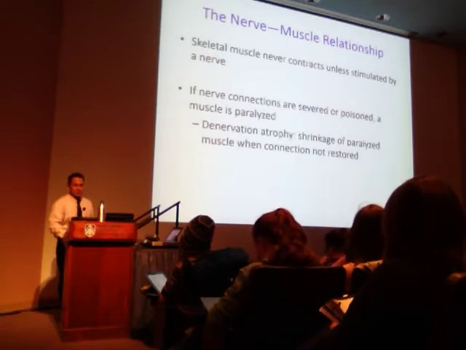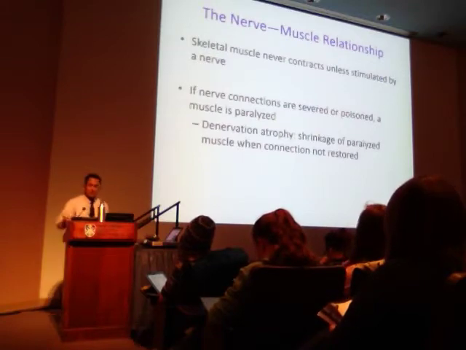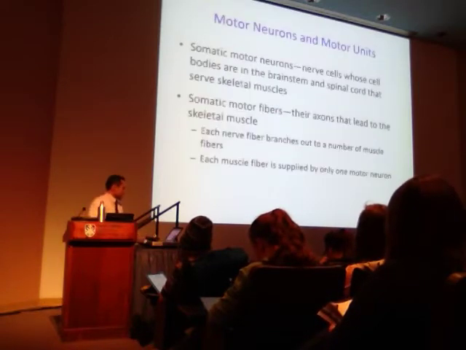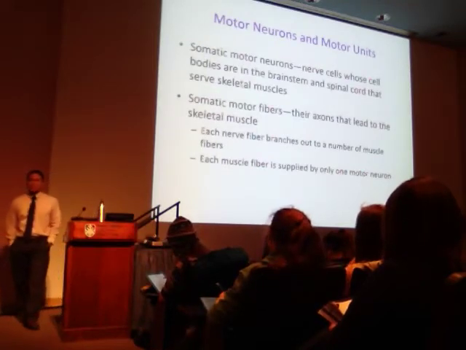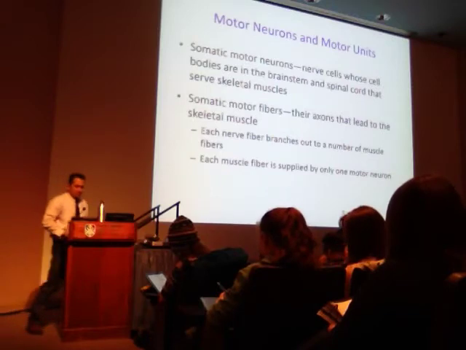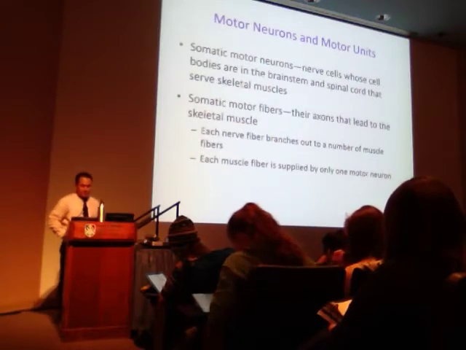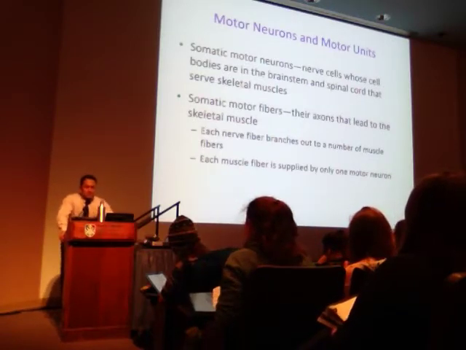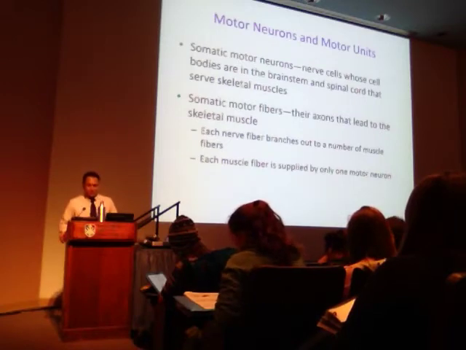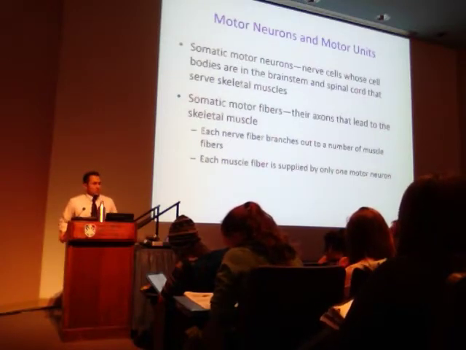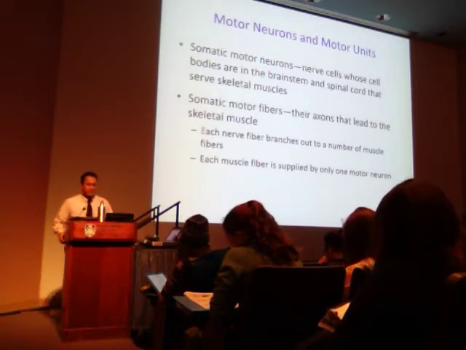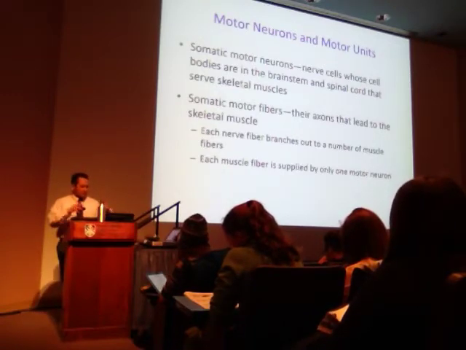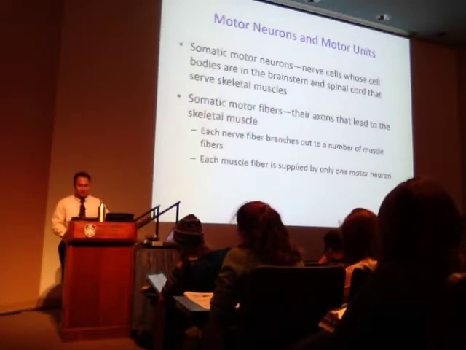So when we talk about this relationship, and we were just mentioning this, we need to talk about motor units. A motor unit is defined as a nerve fiber or a neuron and all of the muscle fibers or muscle cells that it innervates. So collectively it's considered a motor unit.